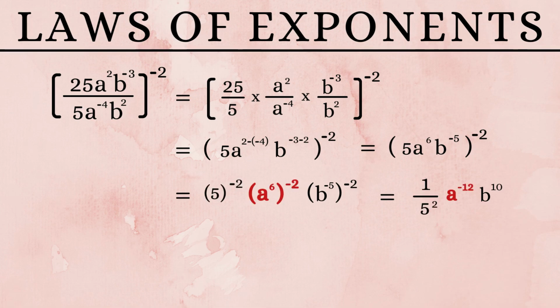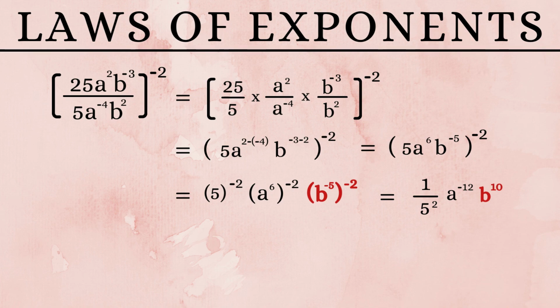A to the power of 6 whole to the power of minus 2 becomes a to the power of 6 into minus 2, which is a to the power of minus 12. And b to the power of minus 5 whole to the power of minus 2 will become b to the power of minus 5 into minus 2, which is b to the power of 10.